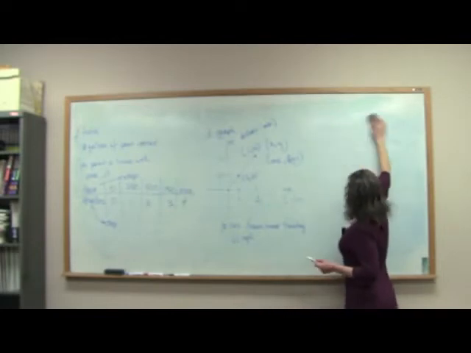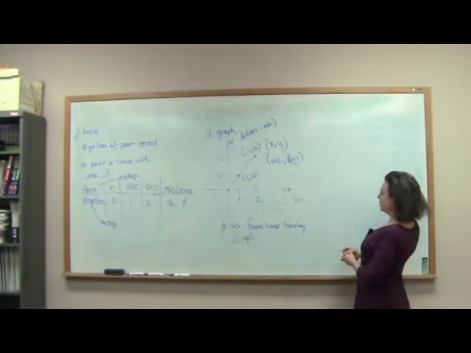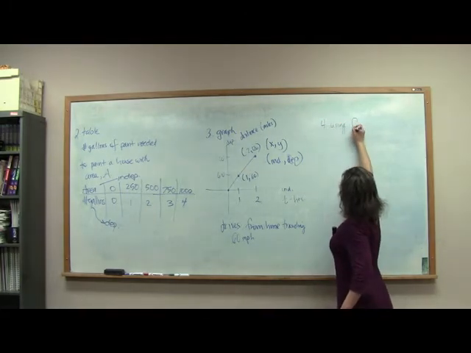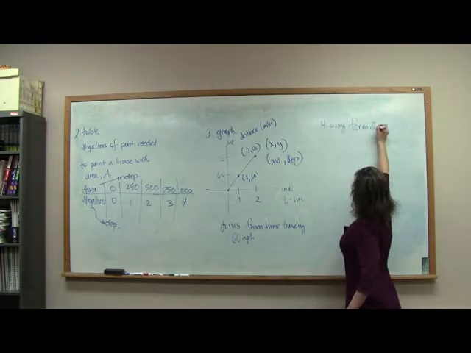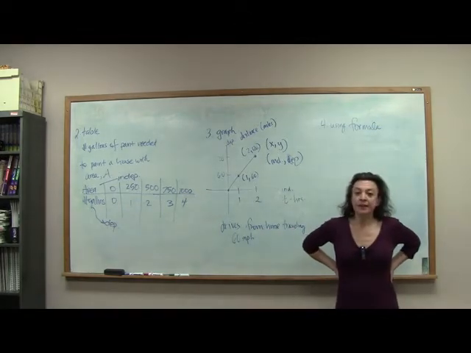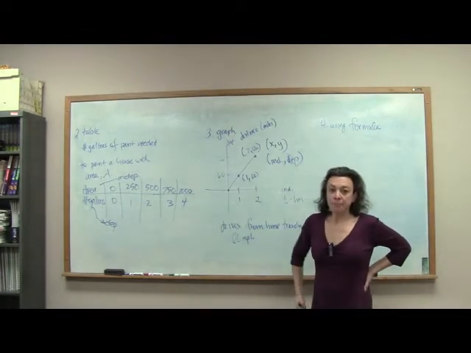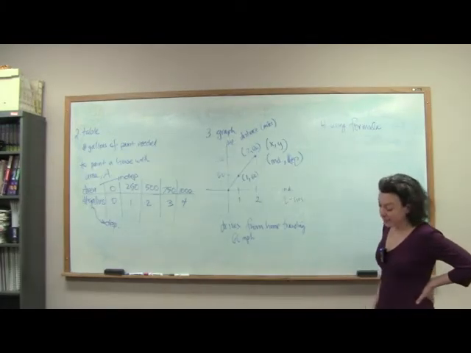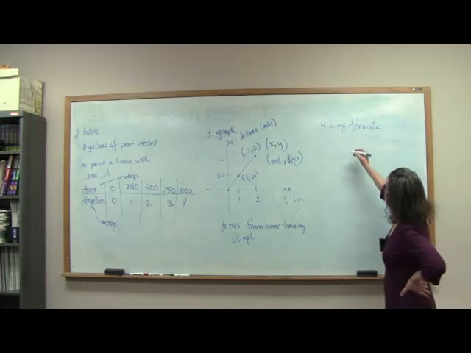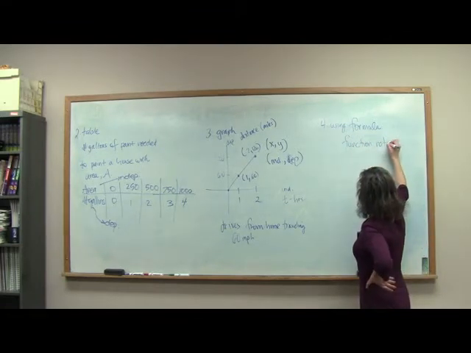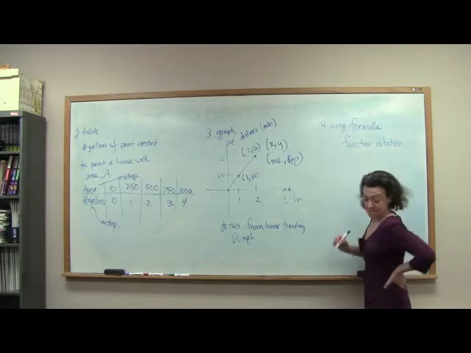So our fourth way of describing functions is using a formula. I'm certain that you guys have seen this before, but before I can talk about formulas, what I need to do is discuss what we call function notation. Okay?